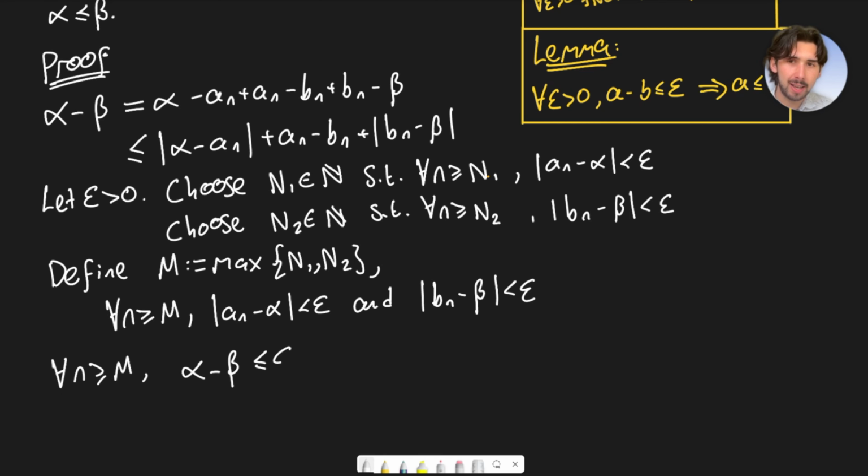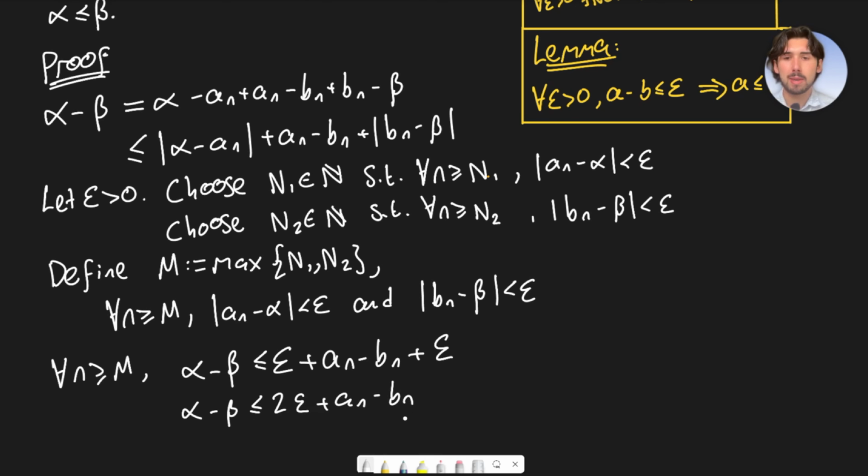So this is less than epsilon, plus I've got a_n minus b_n still, and then this absolute value of b_n minus beta, again, for all n bigger than or equal to this capital N, it's definitely going to be less than epsilon. So simplifying this, I have alpha minus beta is less than or equal to 2 epsilon plus a_n minus b_n.